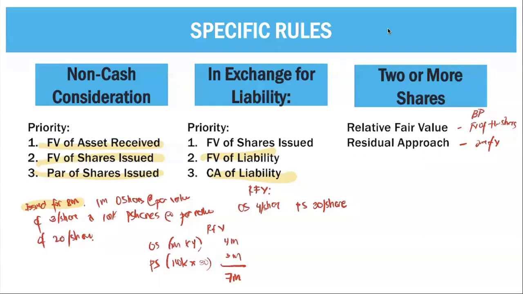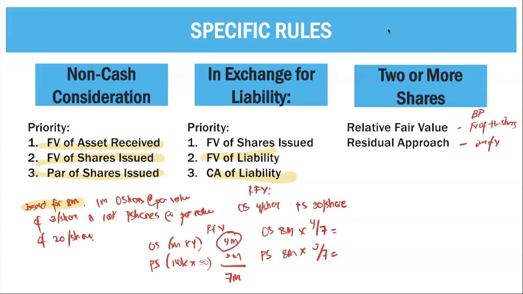After that, we allocate now the OS and PS basket price. So our basket price is 8 million. We multiply it by our relative fair value, 4 over 7 for OS because we have 4 million. For PS, we have 3 million over 7.